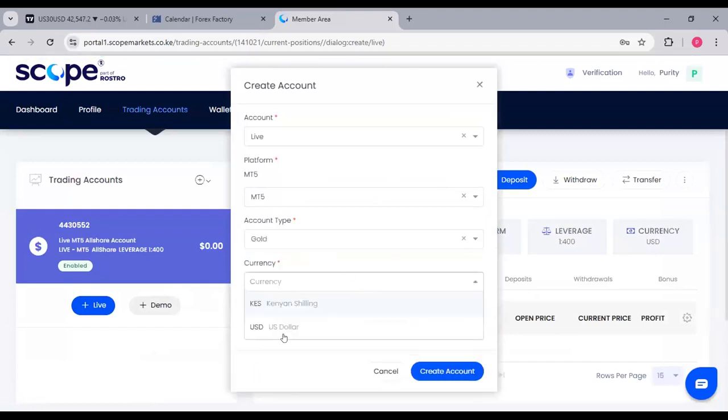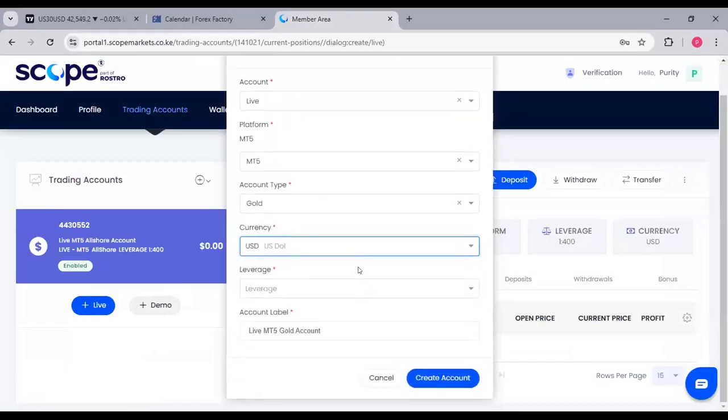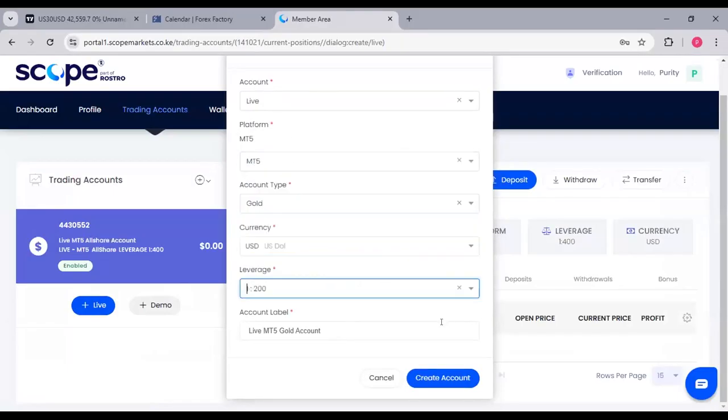So at the portal, when you click, account label is here, MT5, basically showing you that with some brokers, they have MT4 and MT5 platforms. Those are the two platforms that you can use to execute your trades. But for us, Scope Markets Kenya, we basically dwell so much into MT5 because MT5 is an improved version of MT4.